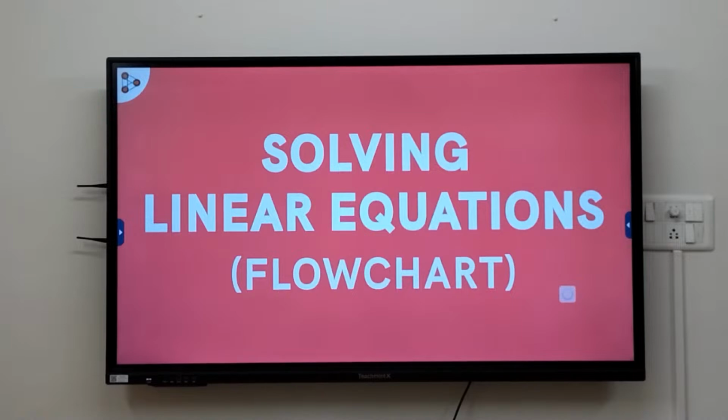Next, a 5 is subtracted. So we subtract a 5 and write 2x minus 5 here. So these were the operations that were done on the left hand side. X was first multiplied with 2 and then 5 was subtracted from this product. What do we do next? We are given that 2x minus 5 is equal to 13.